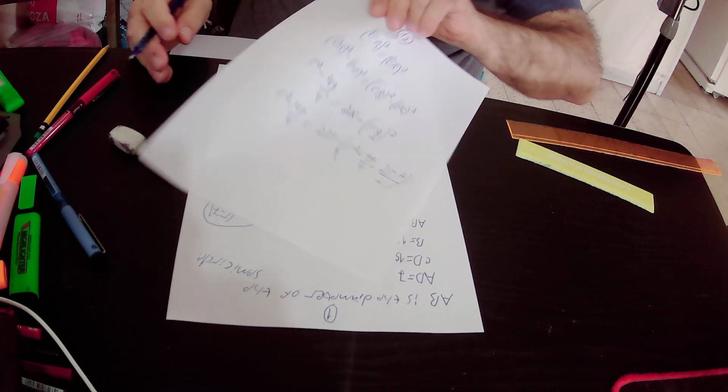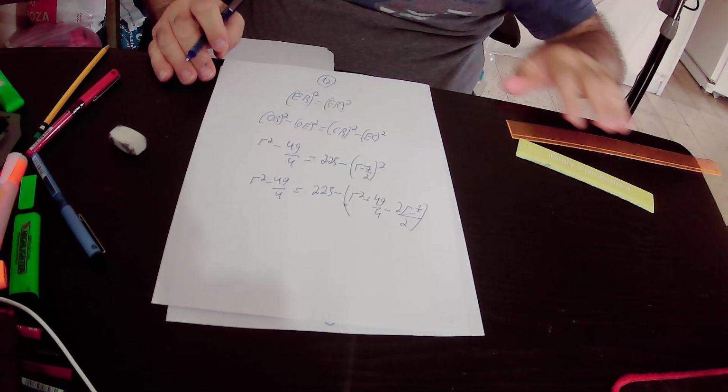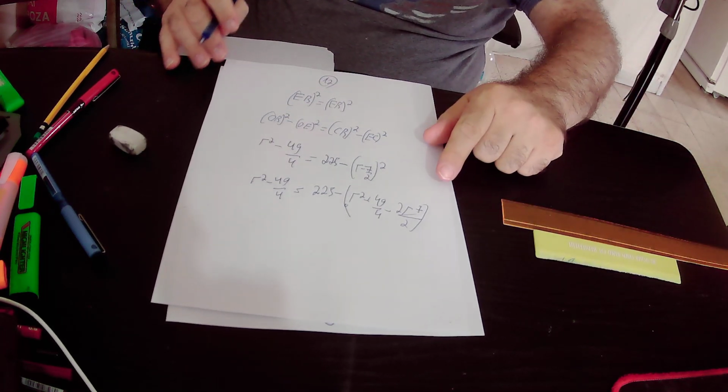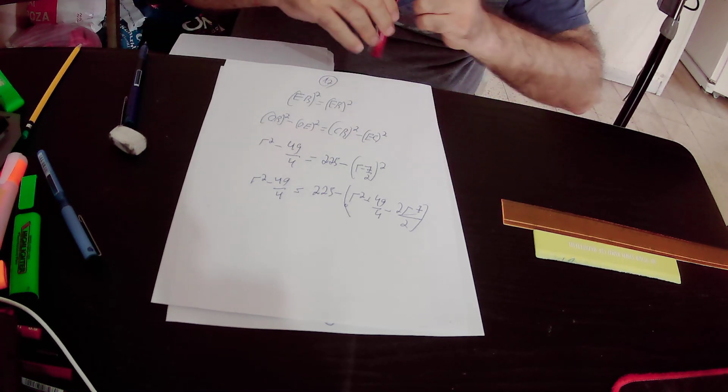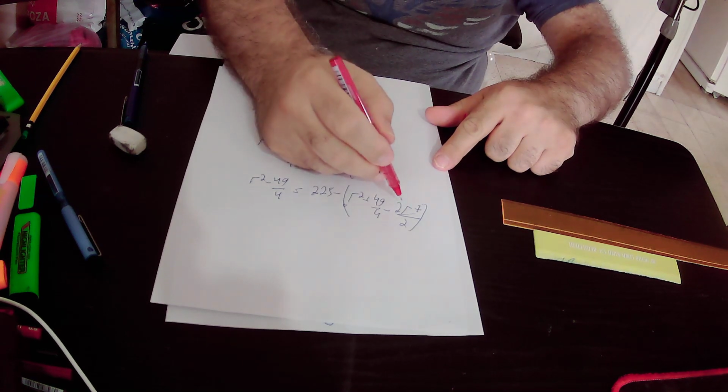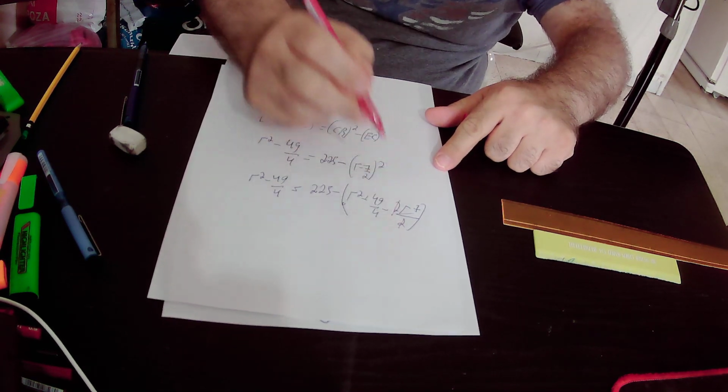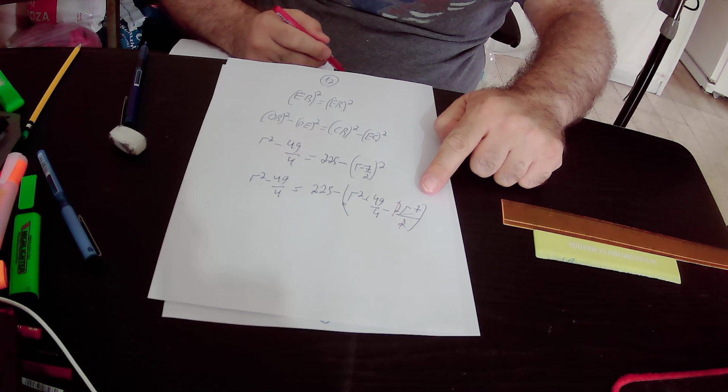Here 2 over 2 is 1, so in total we have 7R.